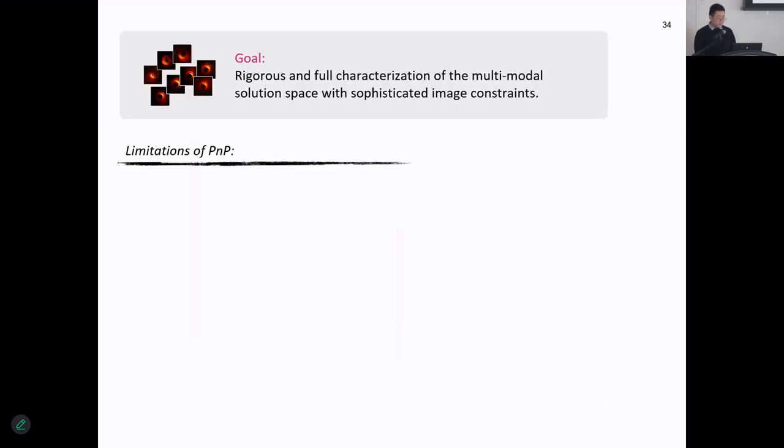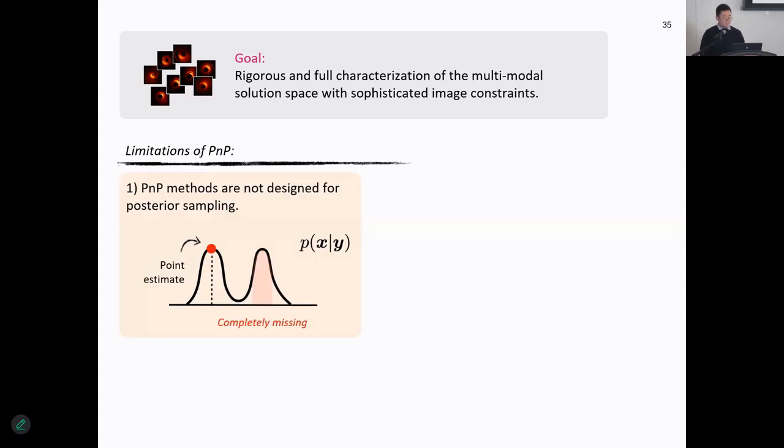However, even though the idea PnP shows us is very promising, and using a denoiser as an implicit prior leads to better reconstruction quality, it has limitations for achieving our goal. The first is that PnP methods are not designed for sampling, or not designed in a probabilistic way, because it originates from optimization.